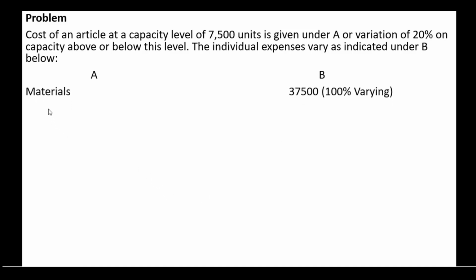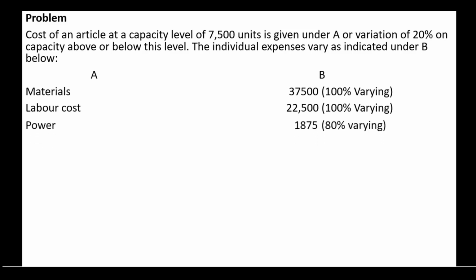Under the A: materials 37,500, 100% varying. Labor cost 22,500, 100% varying. Power 1,875, 80% varying.